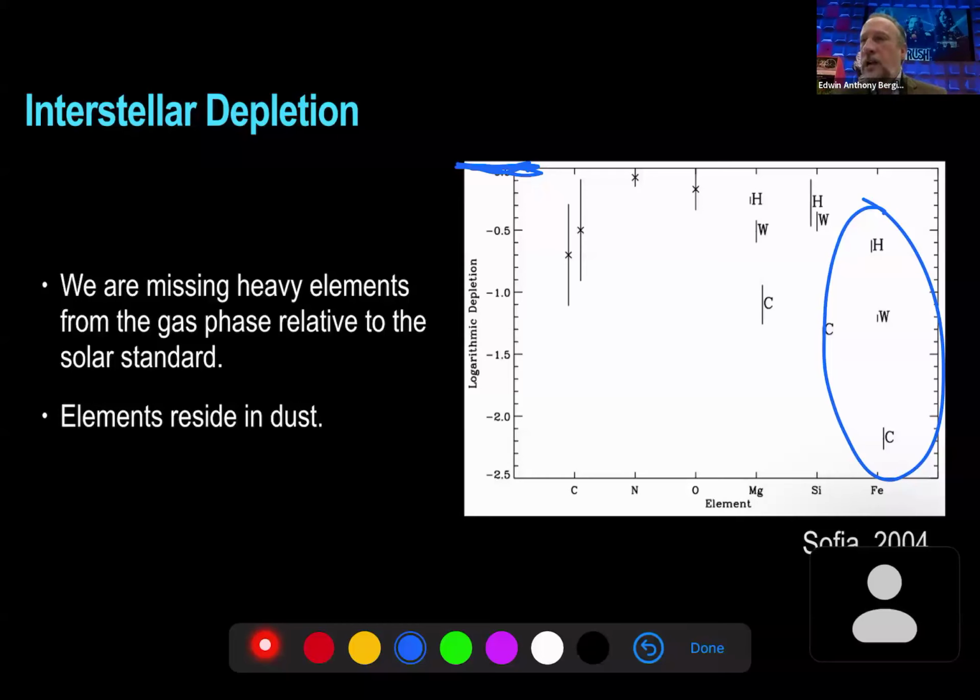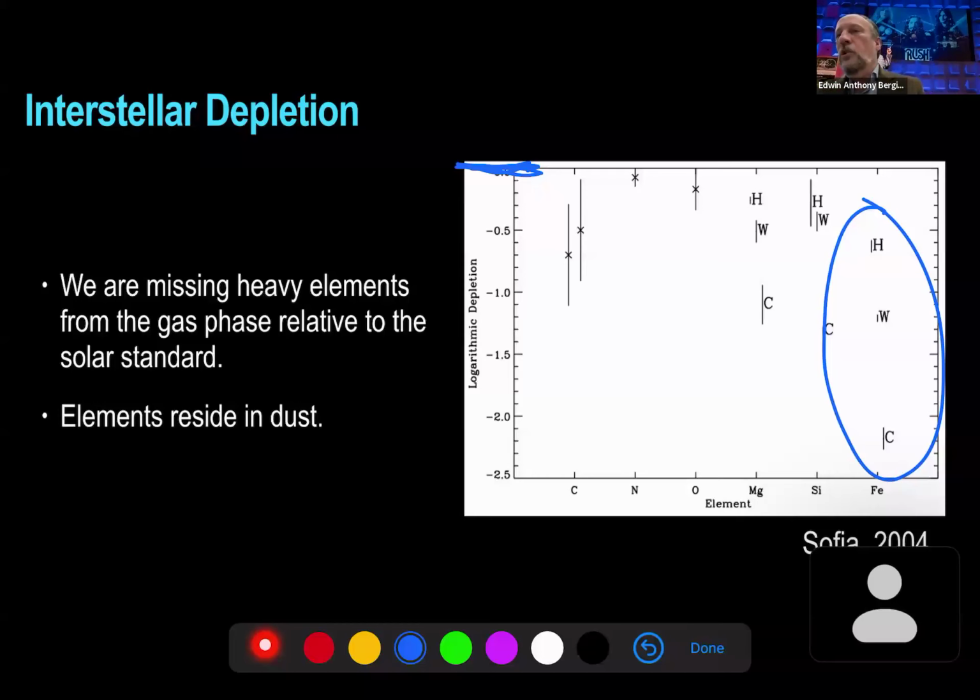And I normalize it, and I find that most of the iron is not present in the gas. Ergo, where is it? It should be there. Well, it's in the dust. That is, the silicates have formed, and most of the iron is in the dust.